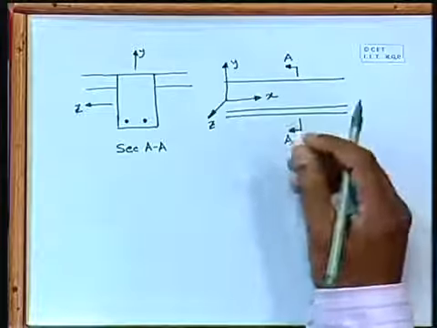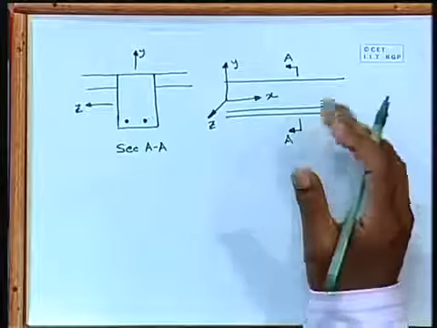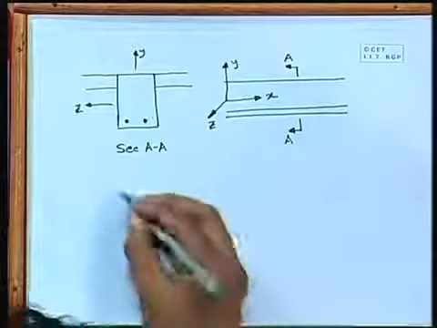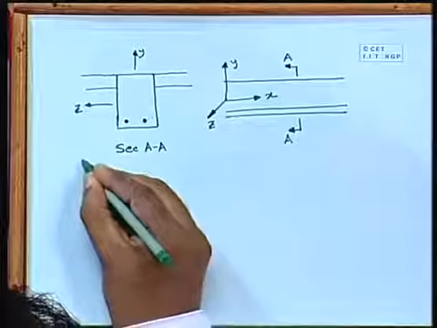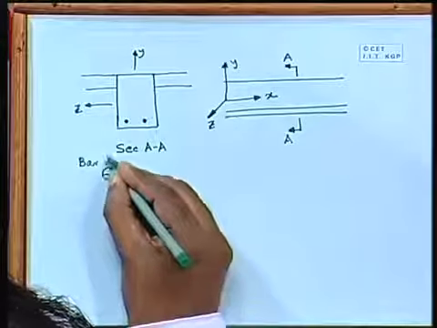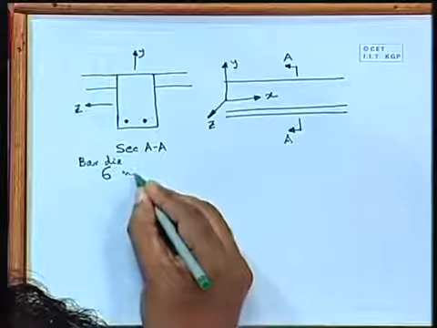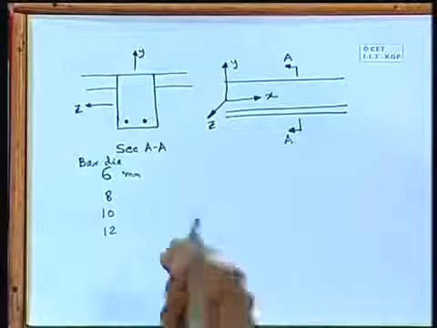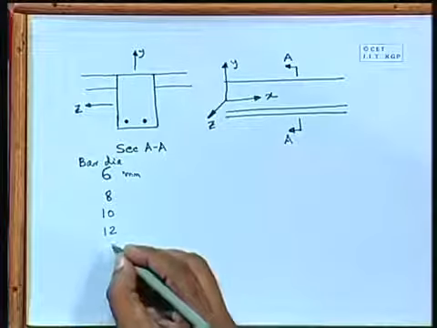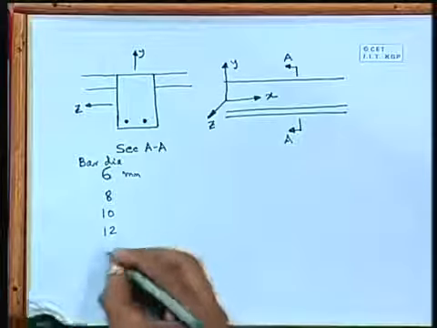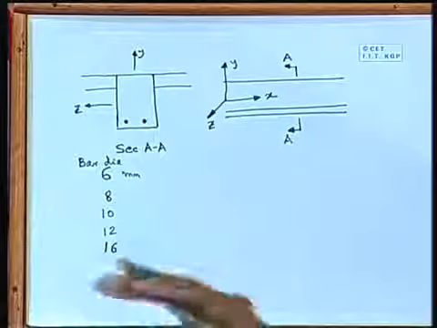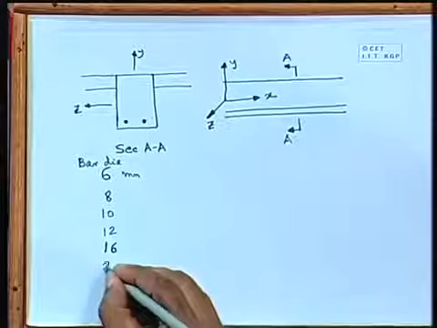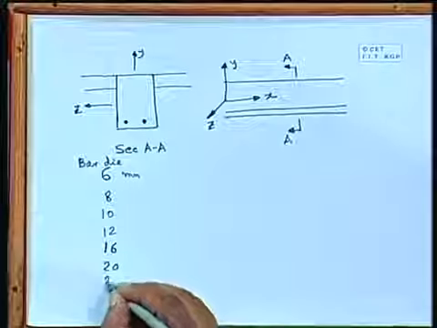Generally the bar diameters we are having, say, it starts from 6 millimeter, then 8 millimeter, 10 millimeter, 12 millimeter. So we can have bar diameter 6 mm, 8, 10, 12, 14 also available, but generally we do not use it, because generally it is not manufactured in a regular manner. 16, whatever we specify in our drawing in construction, that only I am telling. 16, then 20, 25.